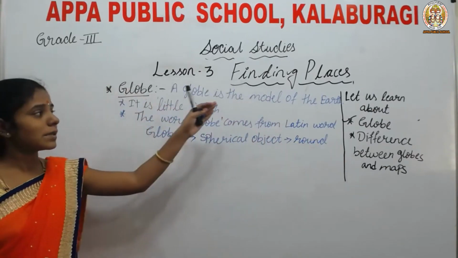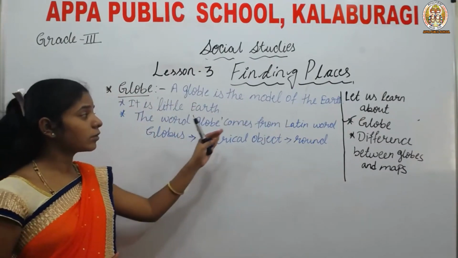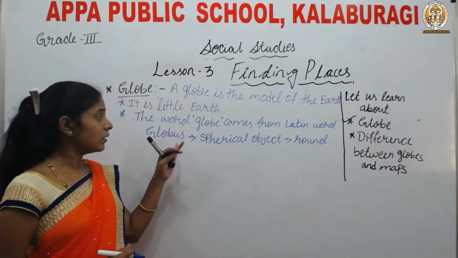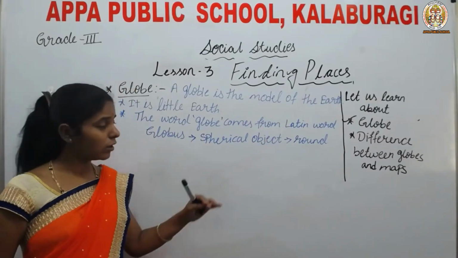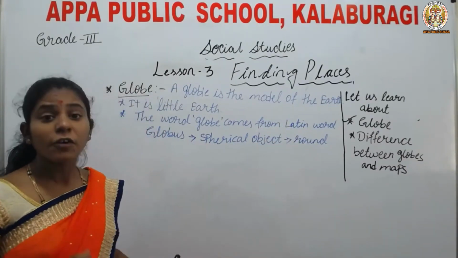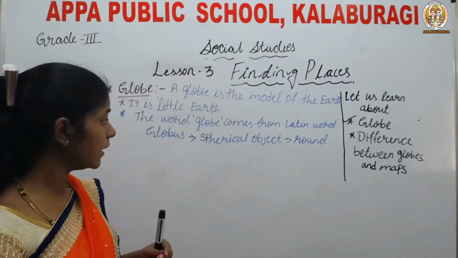A globe is a model of the earth. It is a little earth. We can see all continents and oceans on the globe.